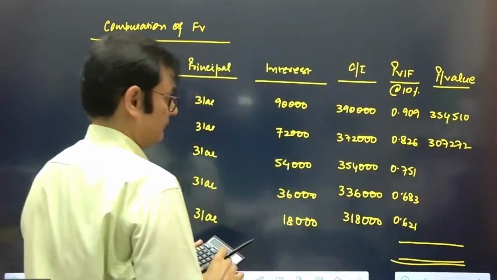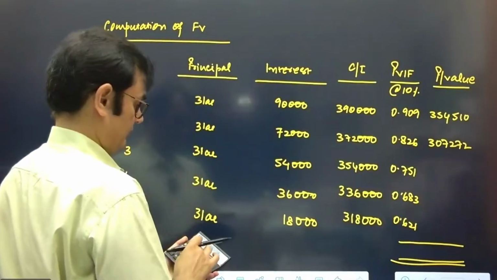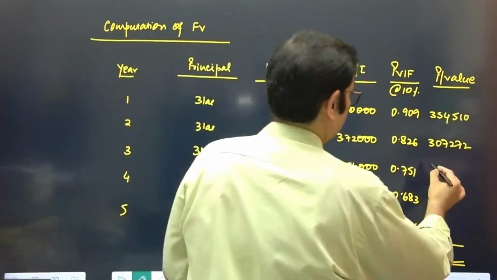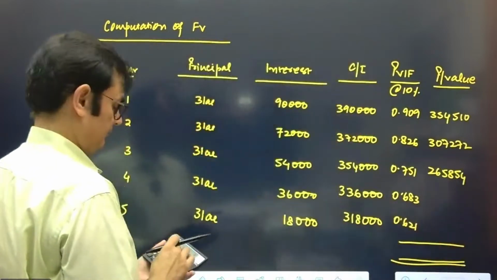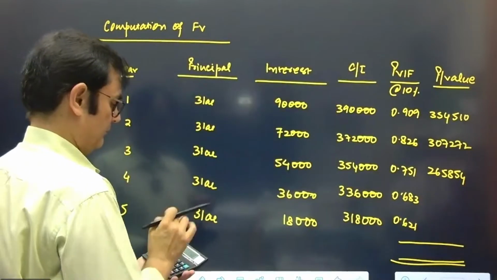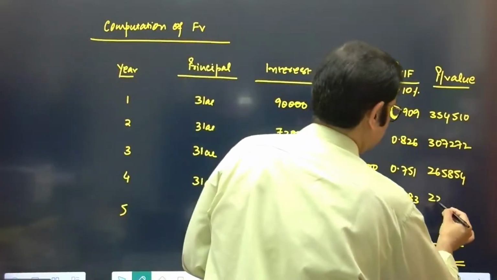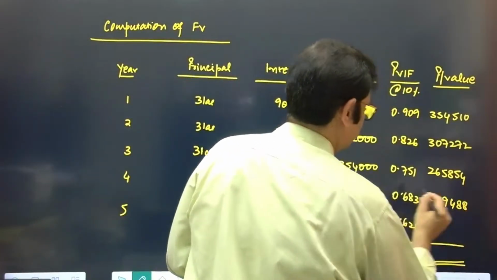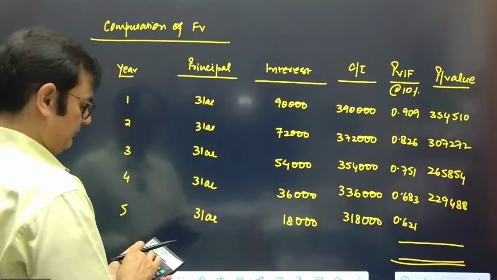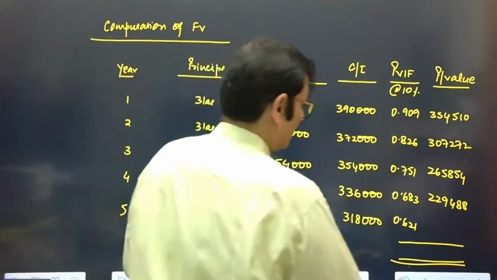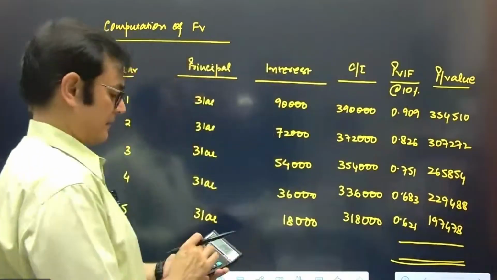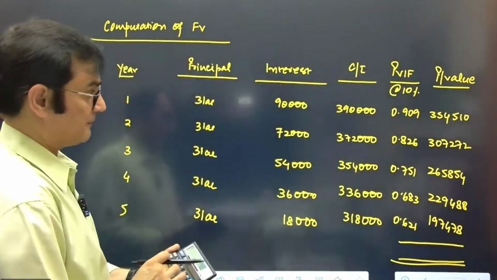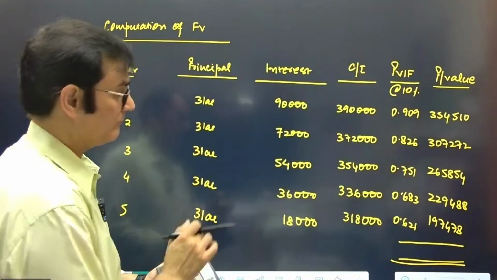Then 307,272, 265,854, 229,488, 197,478, and let's take the sum total of all this. 13,54,602.